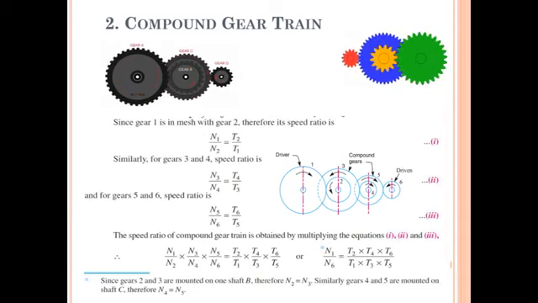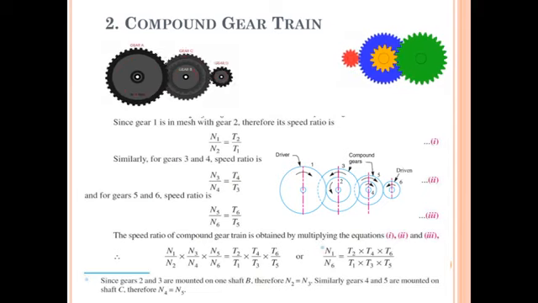Gear C is in mesh with gear D. From this first animation, the black colored animation, you will observe that A is meshed with B, B and C are mounted on the same shaft, C is in mesh with D. This type of gear train is called a compound gear train. That means when there is more than one gear on one shaft, such a gear train is called a compound gear train, isn't it?